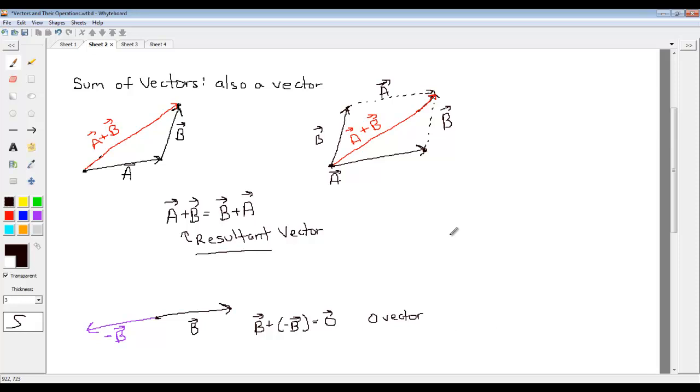Now if you wanted to do the sum of A and minus B, you have to think about what's happening with A and B to begin with. If you had A here and B here, keep in mind that minus B would be going in this direction.